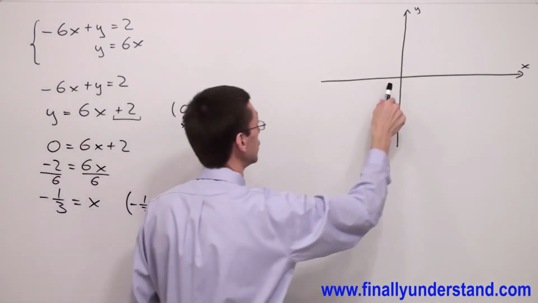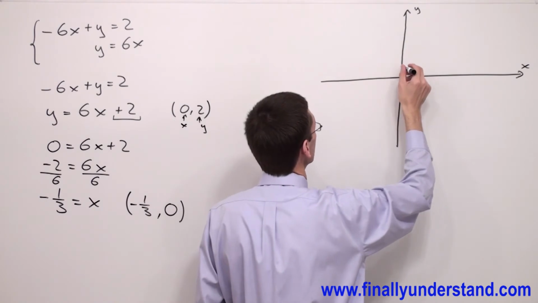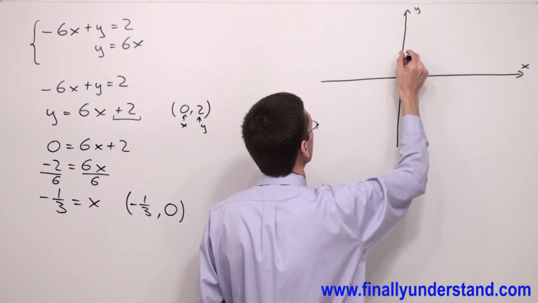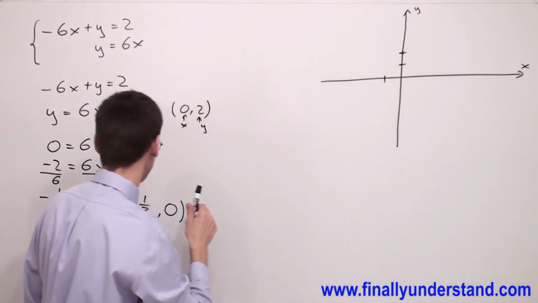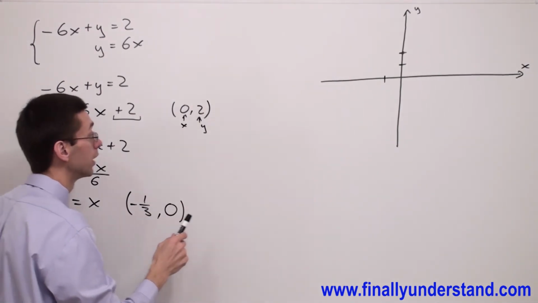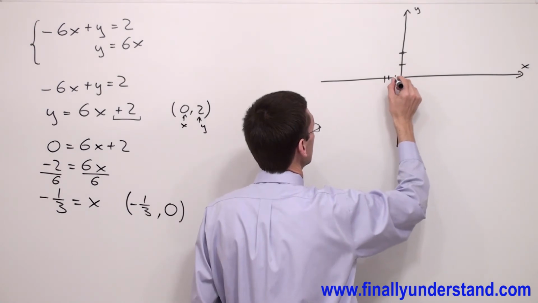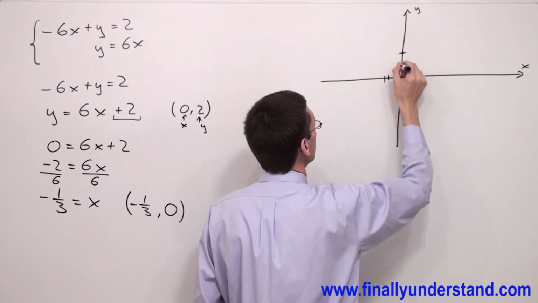So x is equal to 0 and y is equal to 2. So I have 1, 2. And my x-coordinate is negative 1/3. So I have just 1/3 of the division over here, okay? So this is going to be my first line.